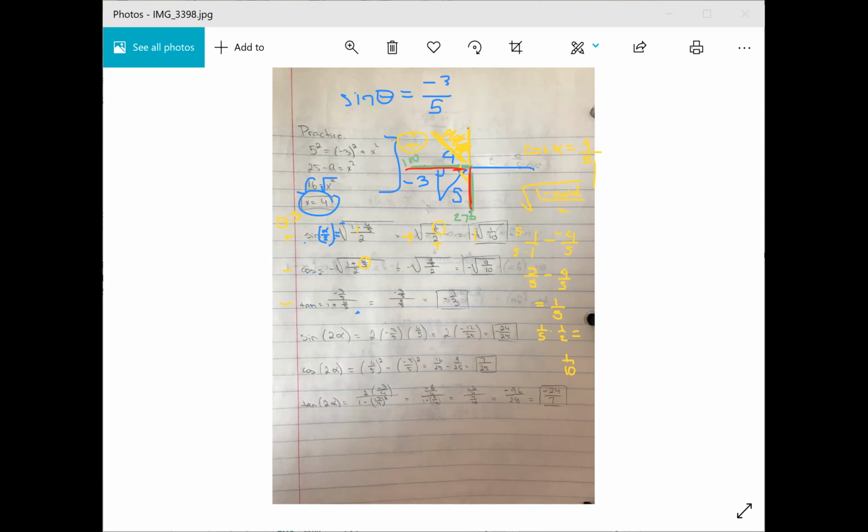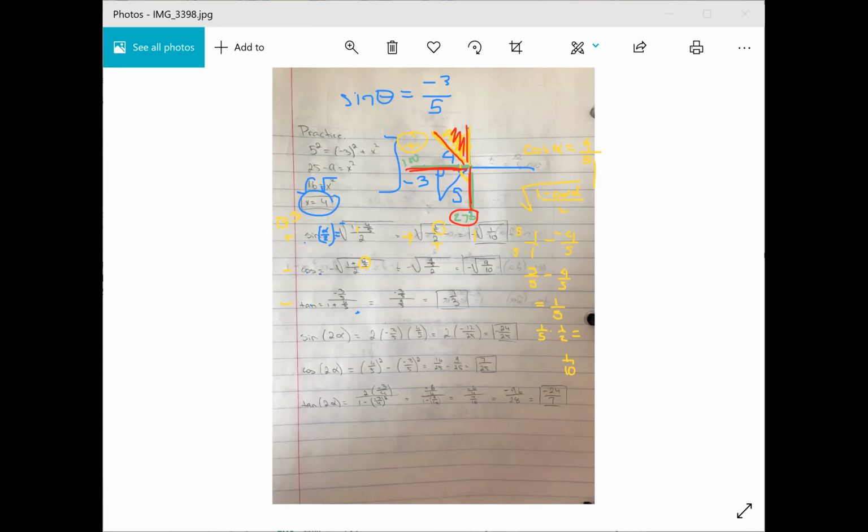If you divide 270 in half, that's 135. If you divide 180 in half, that's 90. So it's going to fall somewhere in the second quadrant.